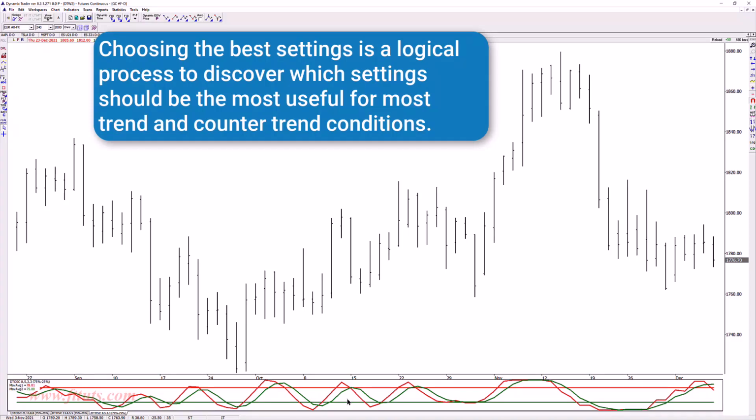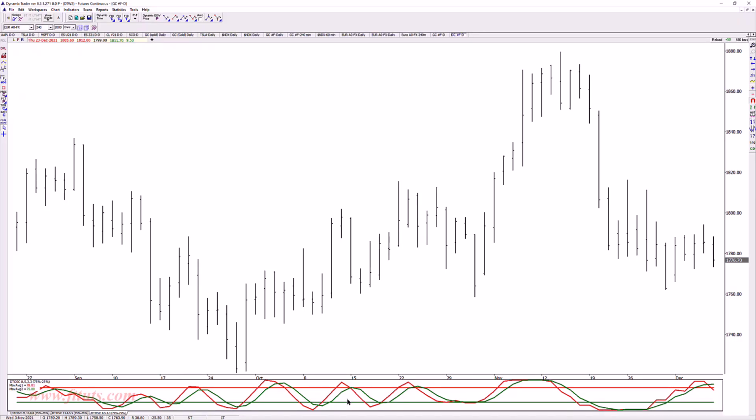But we really wanted to focus on it helping us identify the end of corrections, because as you can see with all these indicators, if it's a strong impulsive trend, getting into the overbought zone, in this case in a bull trend, is not an immediate indication that we're making any significant high, because the impulsive trend can continue for some time.